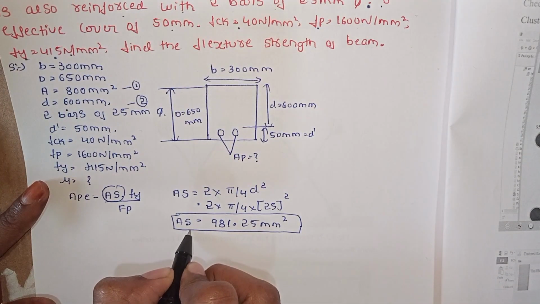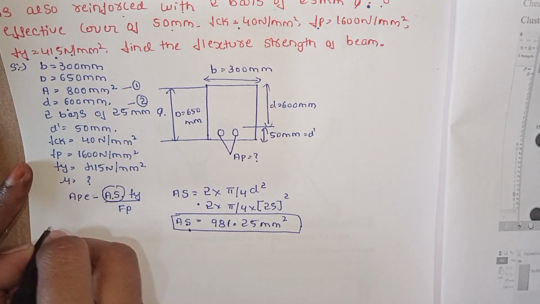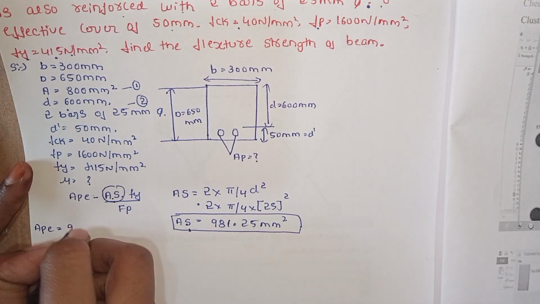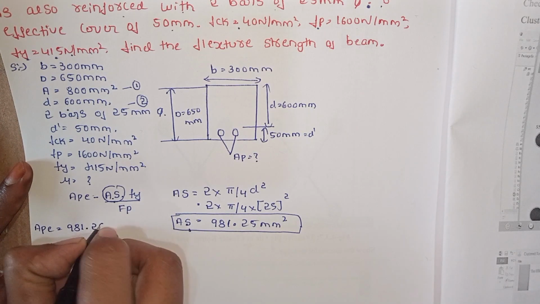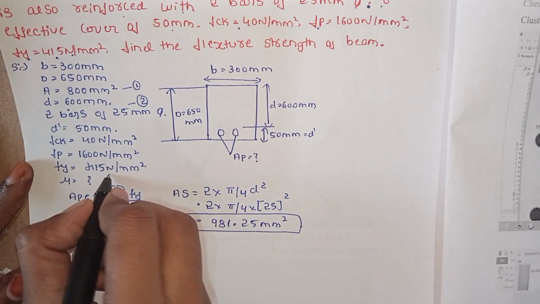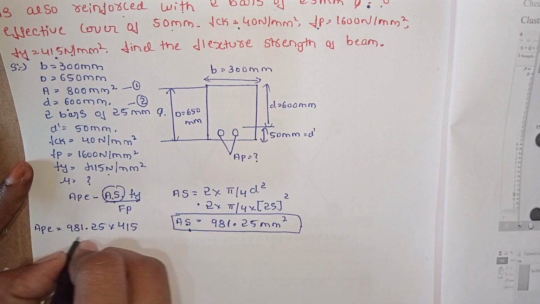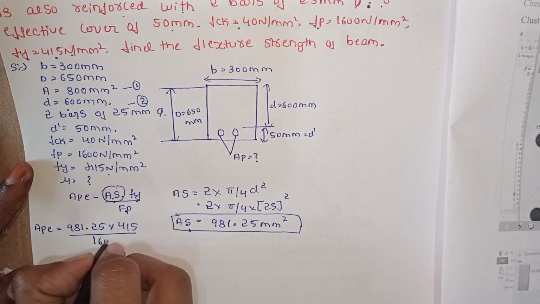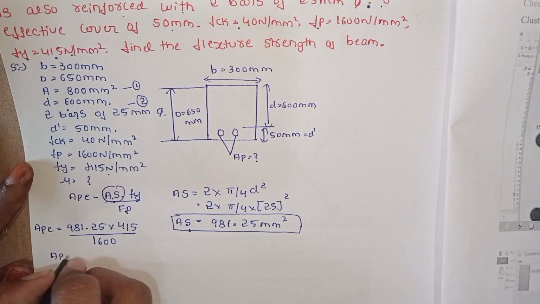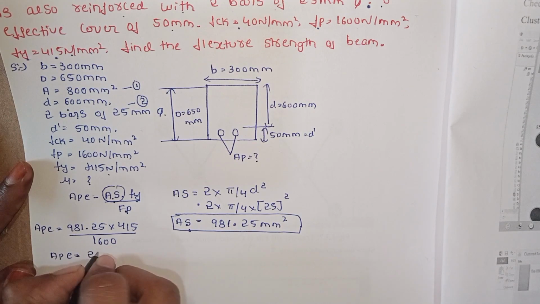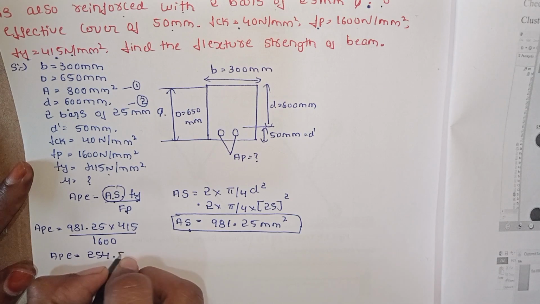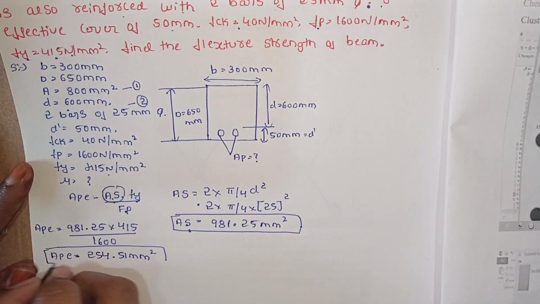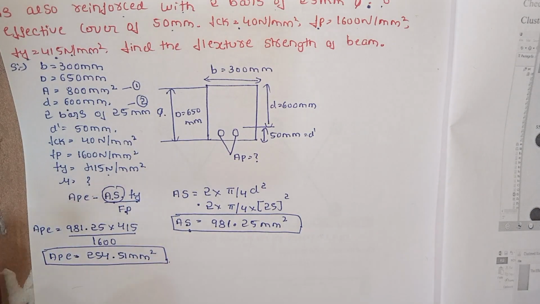Now we got the As value, then apply it in this formula. So Ap equal to the As value 981.25 into fy value given in the question, 415, divided by fp value 1600. We got the answer as 254.51 mm square. Now add both the values.